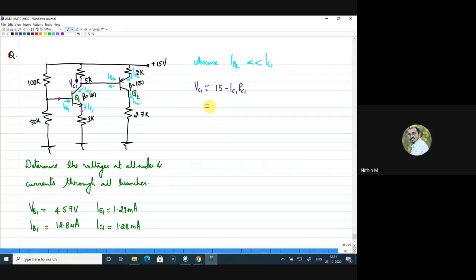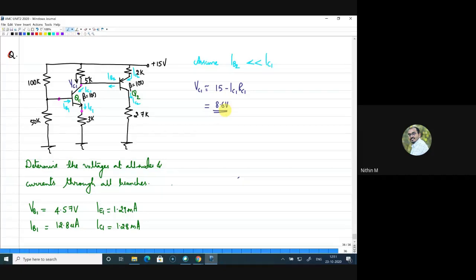Can I get a response? Yeah, it was 8.6 volts, right? So it is equal to 8.6 volts.